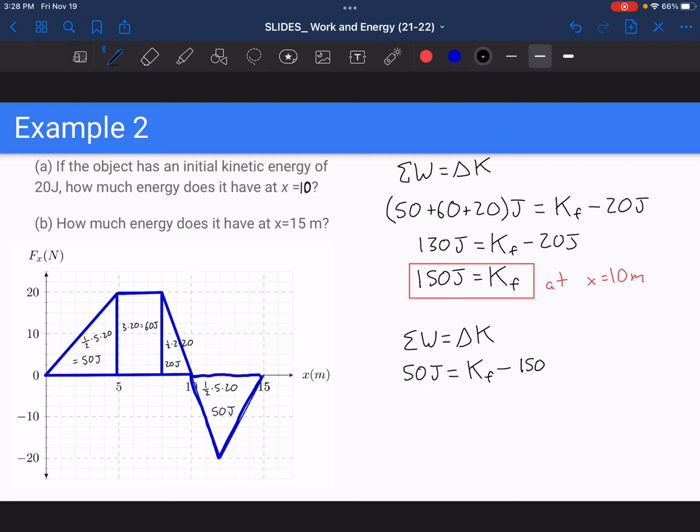150 joules here. And that means the final kinetic energy will be, oh, this should be negative, right? Because that work done is negative. So we've got negative 50.